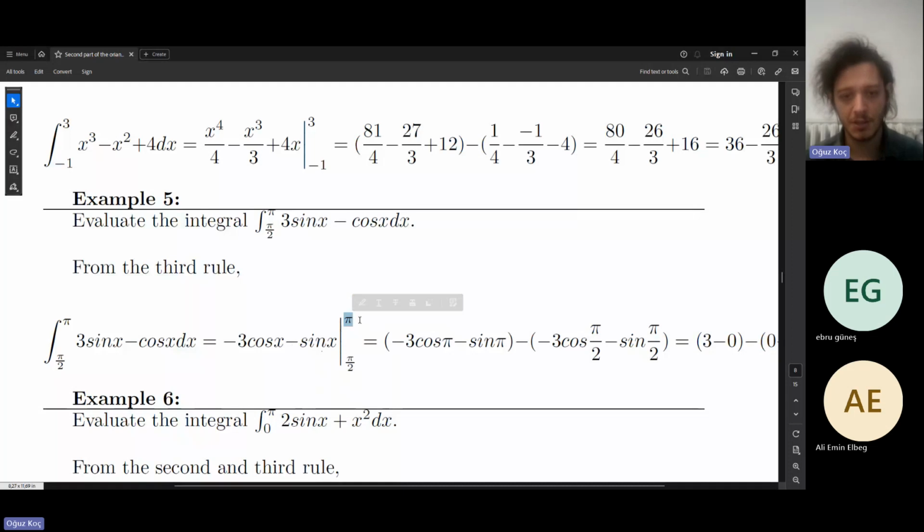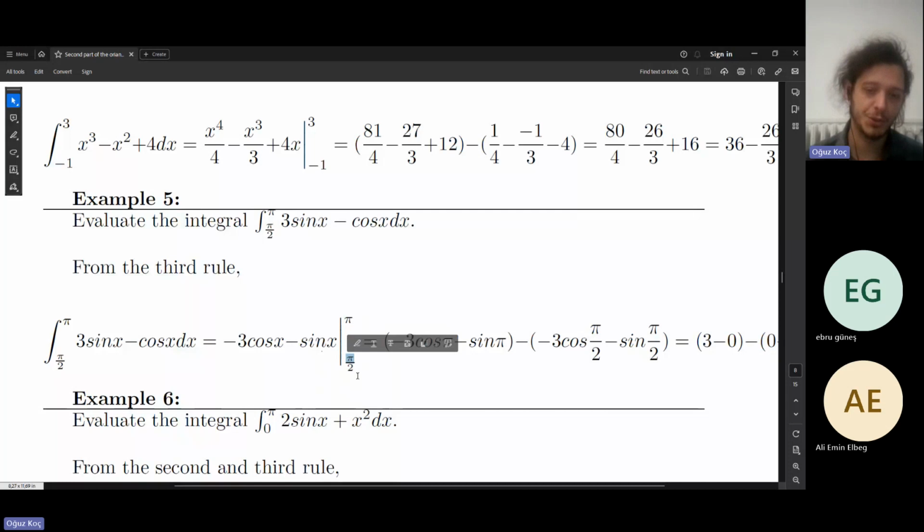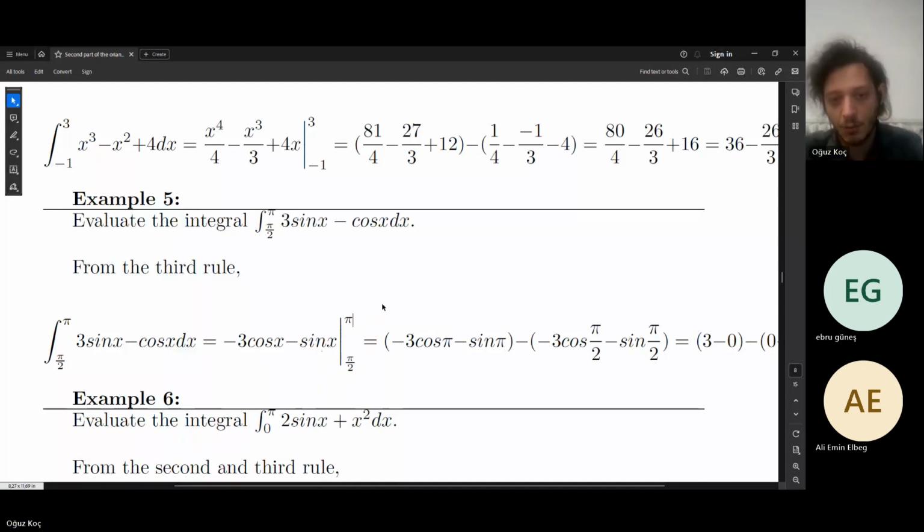values for the trigonometric functions, and we have pi here and pi over 2. As you may remember from the previous courses or lectures, pi was equal to 180 degrees, and half of this is equal to 90 here.